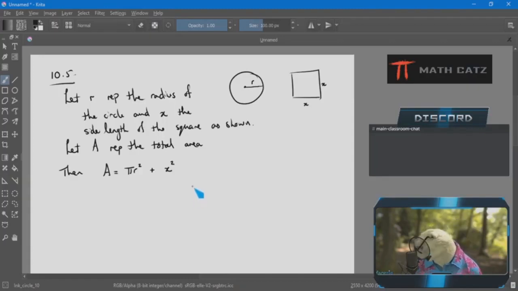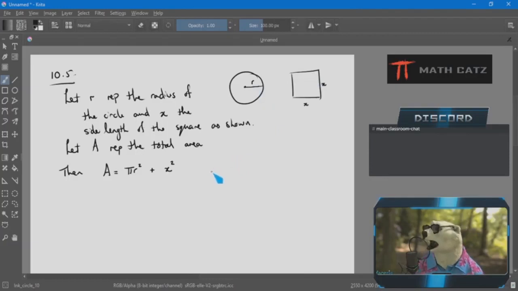So at this stage, perhaps, it might be useful to start thinking about practical restrictions on these two, r and x. This one is a little bit more complicated than 10.4. Now, it's not necessary that you think of it at this stage, but it's maybe the easiest when I have the variables and they're defined very clearly.